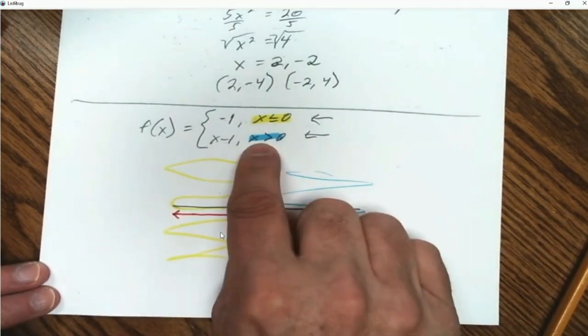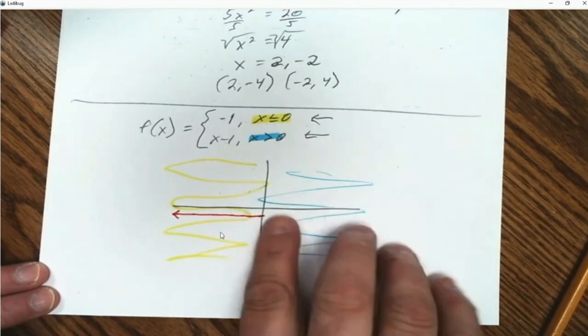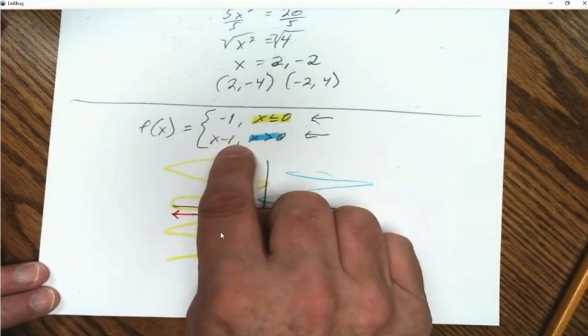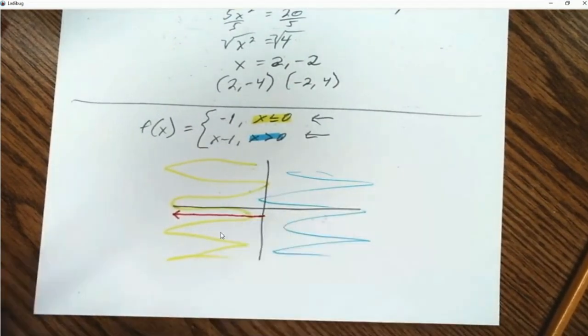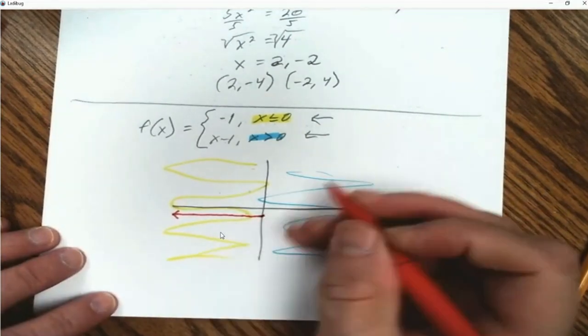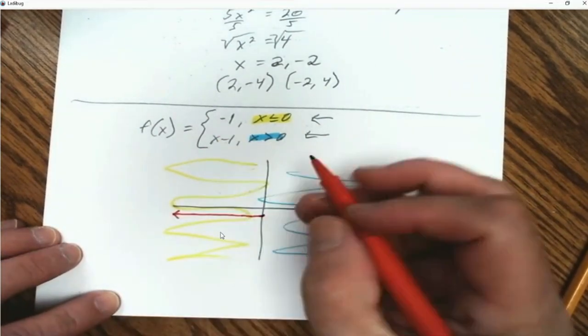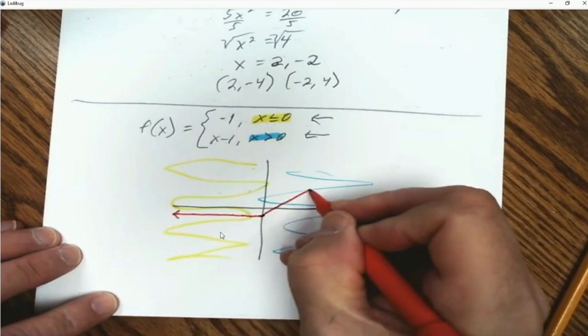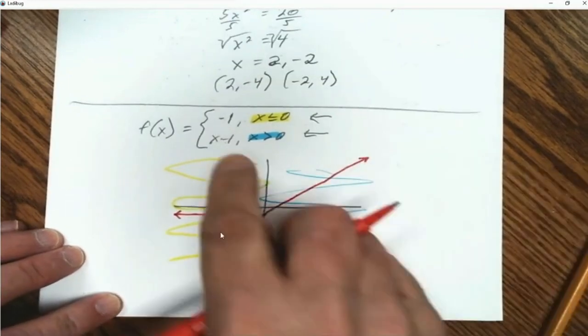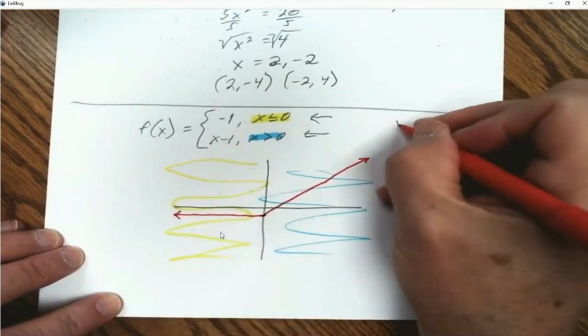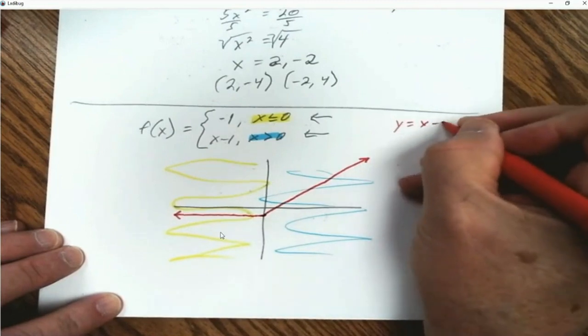Now, what about when x is greater than 0? Anytime it's in the blue, it's x minus 1, which means it crosses at -1, but it has a slope of 1. Because that is y equals x minus 1.